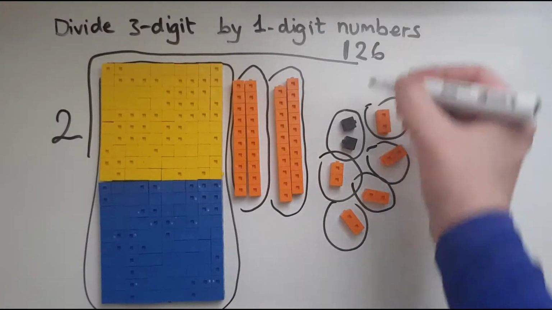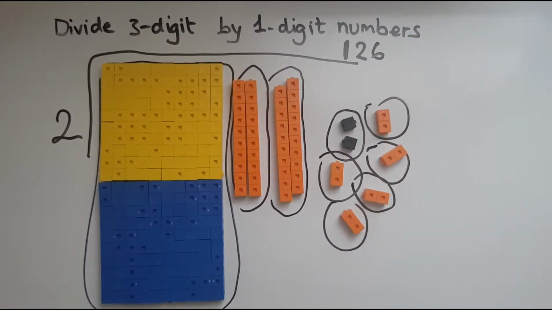So that is 6. So the number that we had, which was 252, when we divided it by 2, gave us 126.